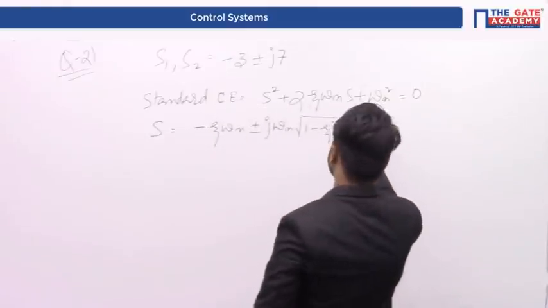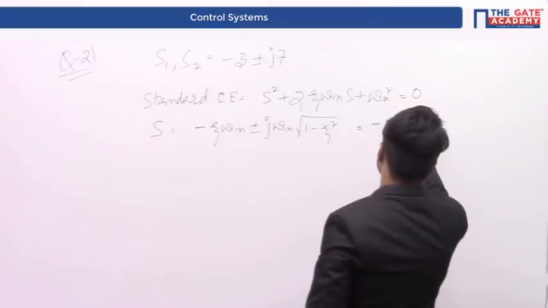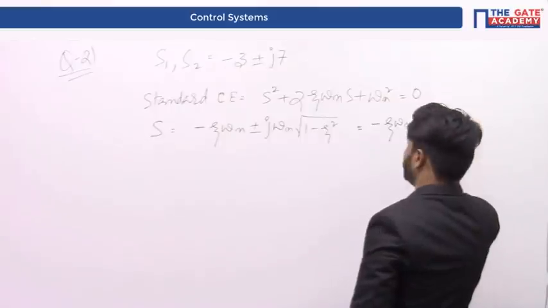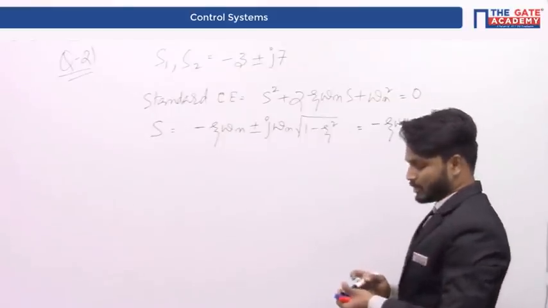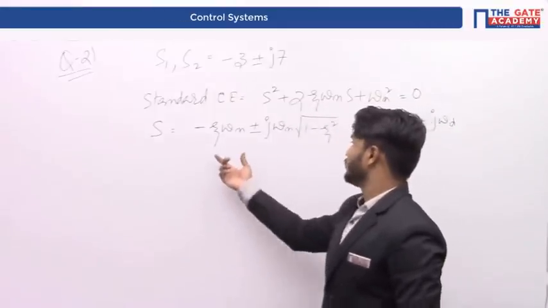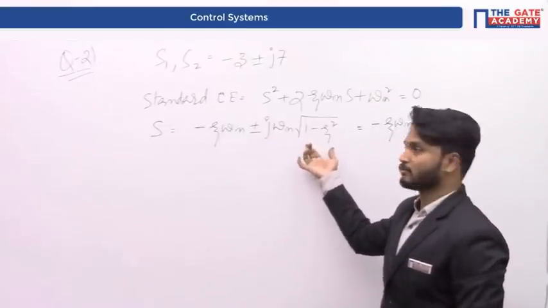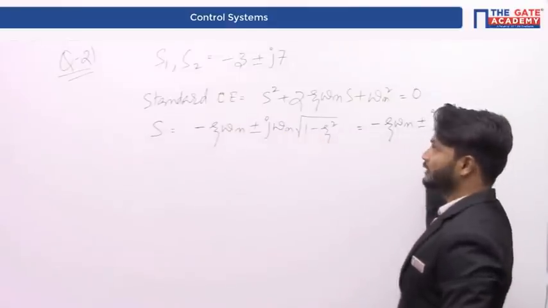Therefore, I can write it in short as minus zeta omega n plus or minus j times omega d, where omega d is the damped natural frequency and omega n is the natural frequency. You already know omega d is omega n under root 1 minus zeta square. That is the reason why I've written omega d like this.